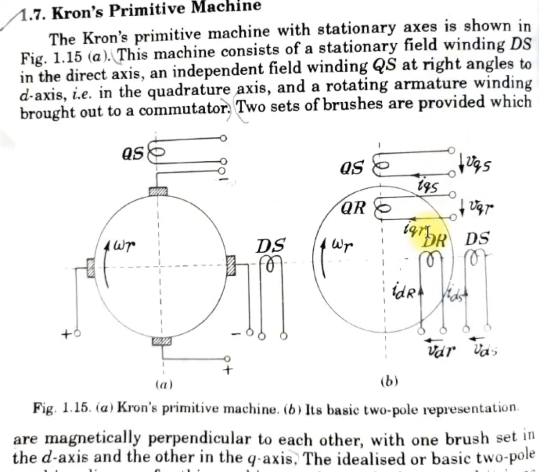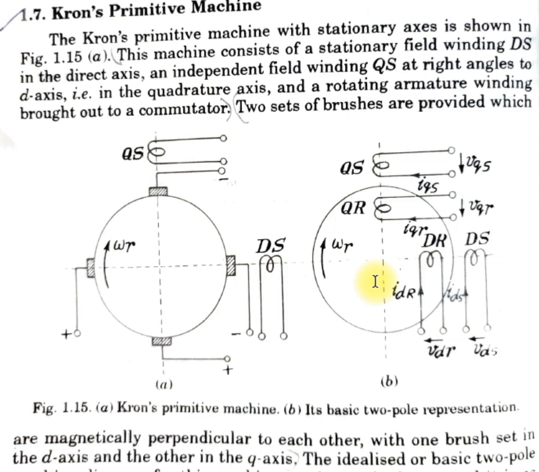It is to be noted that the armature coils, that is DR, which is along the D axis, and QR, which is along the quadrature or the Q axis, produce stationary flux along the brush axis, but this is only when the brushes are stationary.